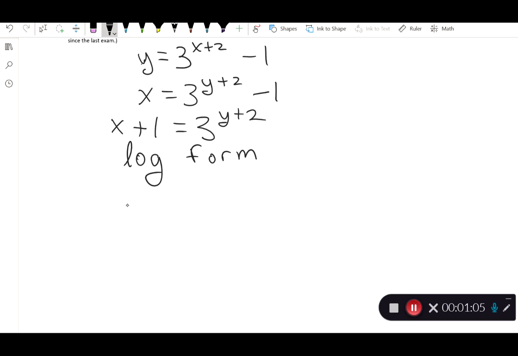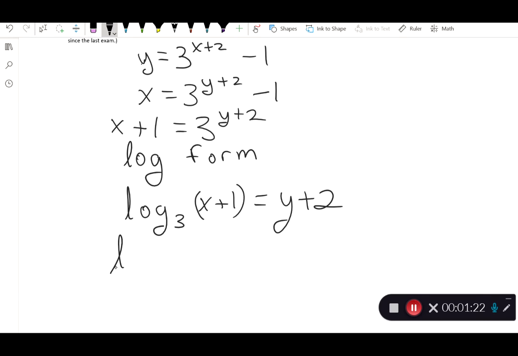So we get log base 3 of the thing that's on the left, x plus 1, equals y plus 2. And now we're almost done. Log base 3 of x plus 1 minus 2 equals y.